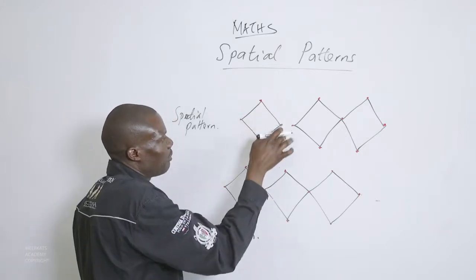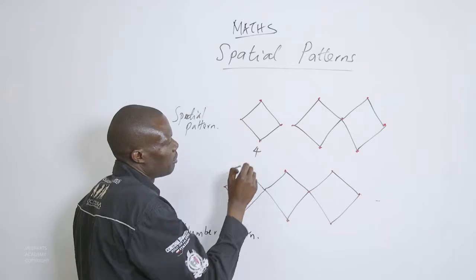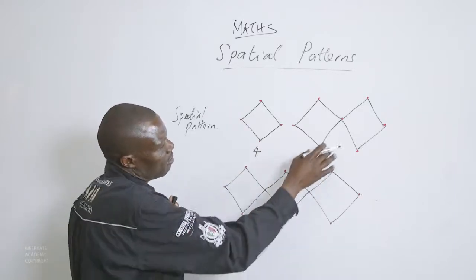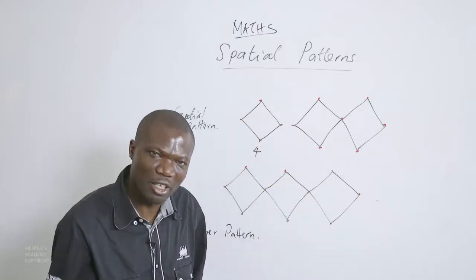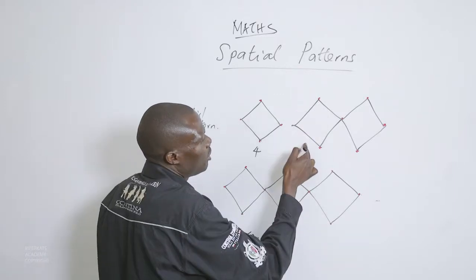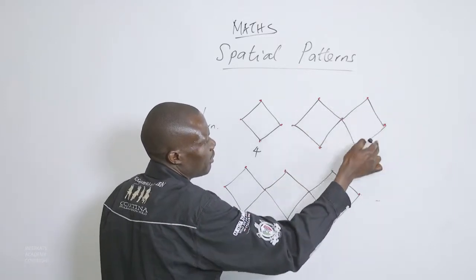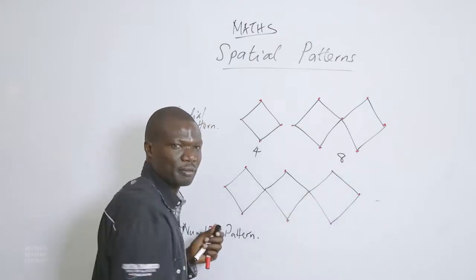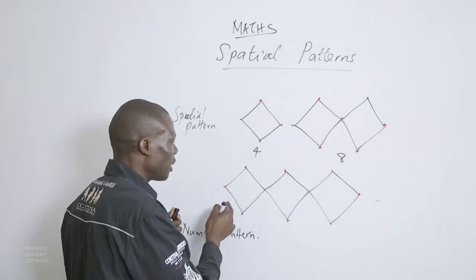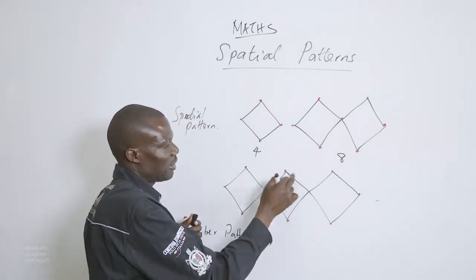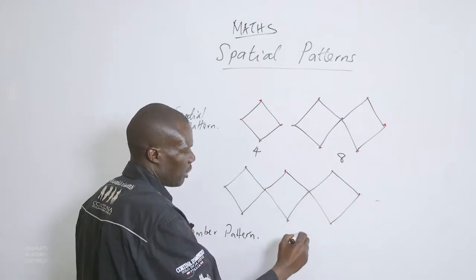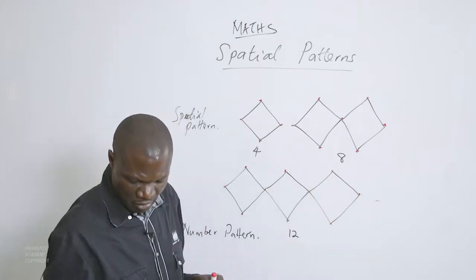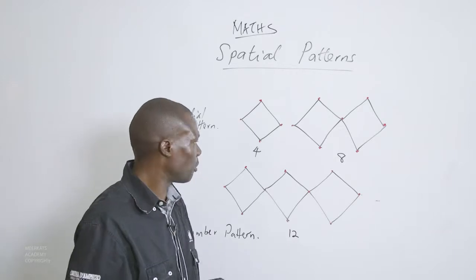Number pattern for the first one here is 4. For the second part here, just take your time and count the sticks. This is 1, 2, 3, 4, 5, 6, 7, 8. So it is 8. The third one, 1, 2, 3, 4, 5, 6, 7, 8, 9, 10, 11, 12. We have 12.